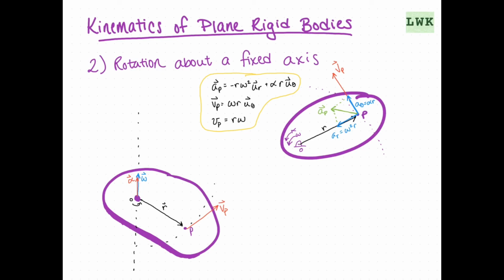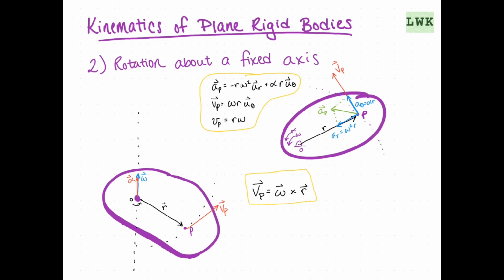So we could write V sub P as equal to the cross product of omega and R. As you can see on our picture, omega is pointing up in the same direction as our axis, and we have essentially all the same components as before. So this is how we write it as vectors: omega cross R.